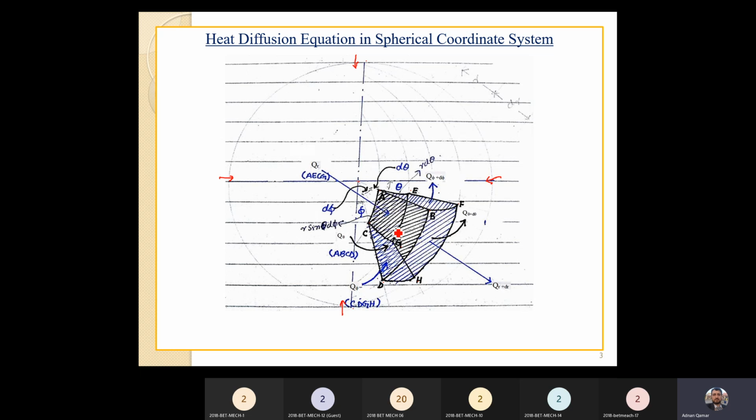It has how many sides? 1, 2, 3, 4, 5 and 6. The side on our side. It has a total of 6 sides.